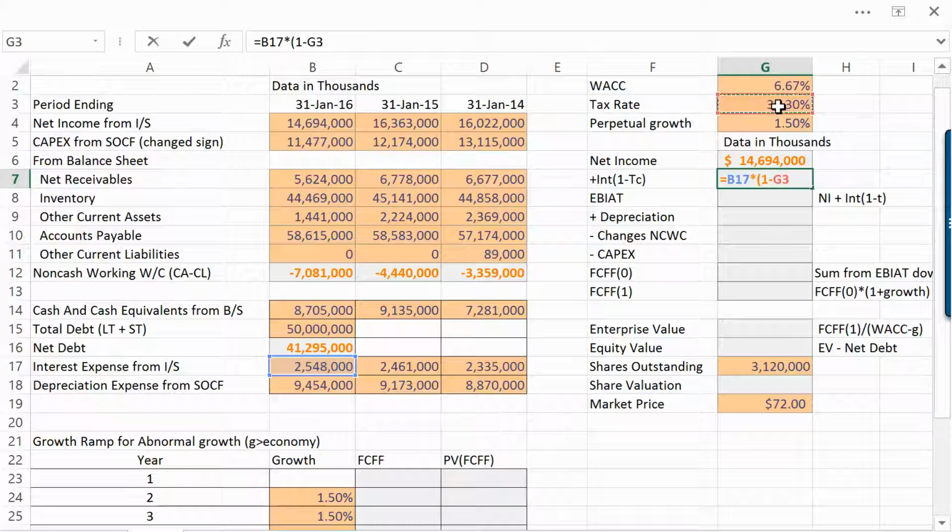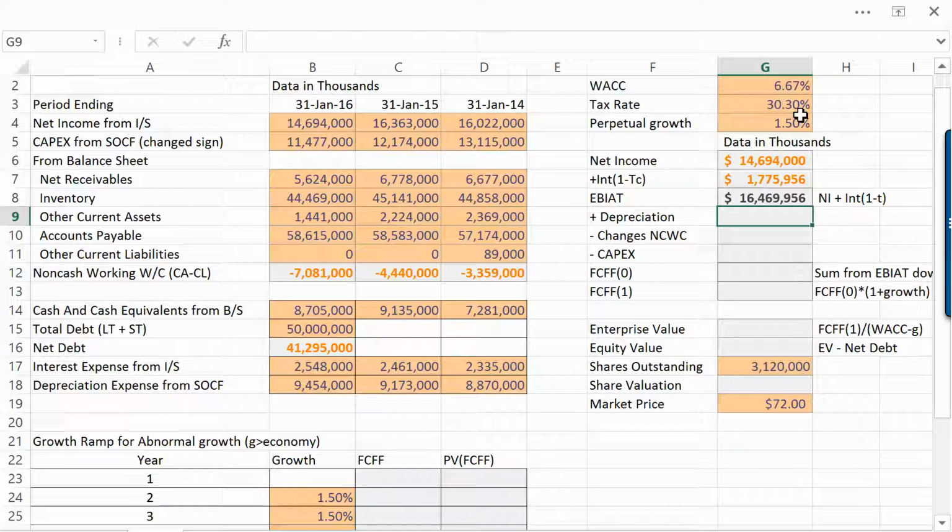I got their tax rate of 30% from their income statement. Net income already has interest subtracted, so I'm just adding it back with the tax effect. I have earnings before interest and after tax of $16.4 billion.